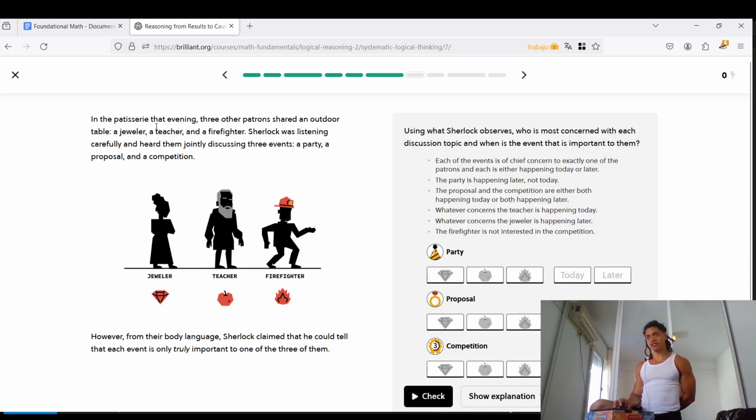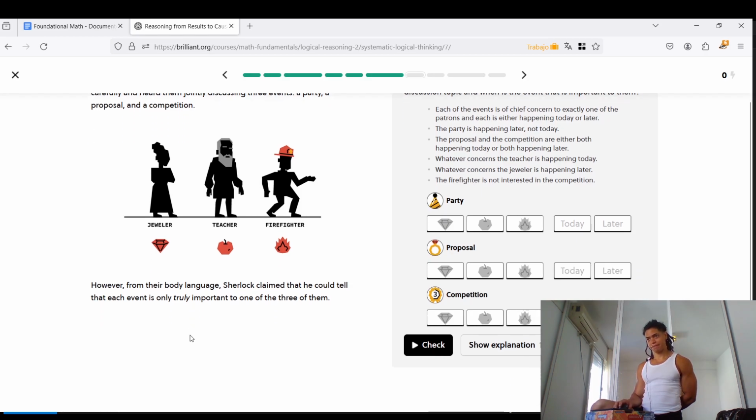So in the pasticier, in the evening, three older patrons share an outdoor table: a jeweler, a teacher, and the firefighter. Sherlock was listening carefully and heard them jointly discussing three events: a party, a proposal, and a competition. However, from their body language, Sherlock claims he could tell that each event is only truly important to one of the three of them.